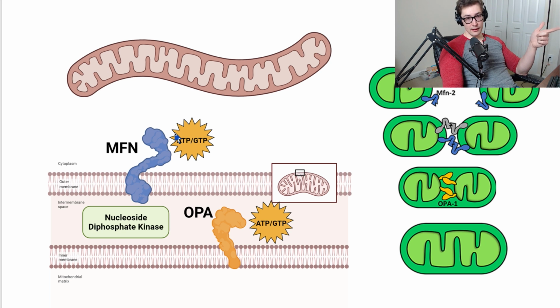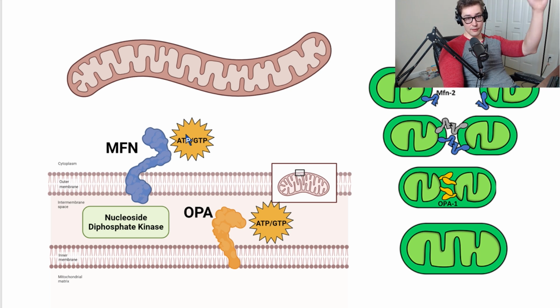GTP is guanine triphosphate, so this guanine molecule is attached to 3 phosphates. And it turns out that MFN and OPA are GTPases, meaning that they're enzymes, proteins that use GTP and end up breaking it apart or using it. So the odds are pretty high that it's based off of GTP levels.